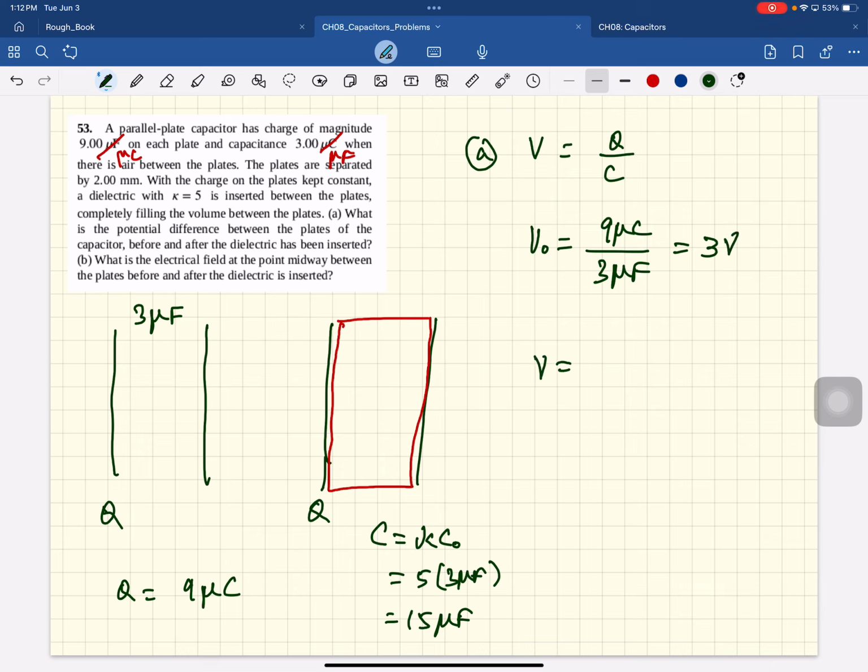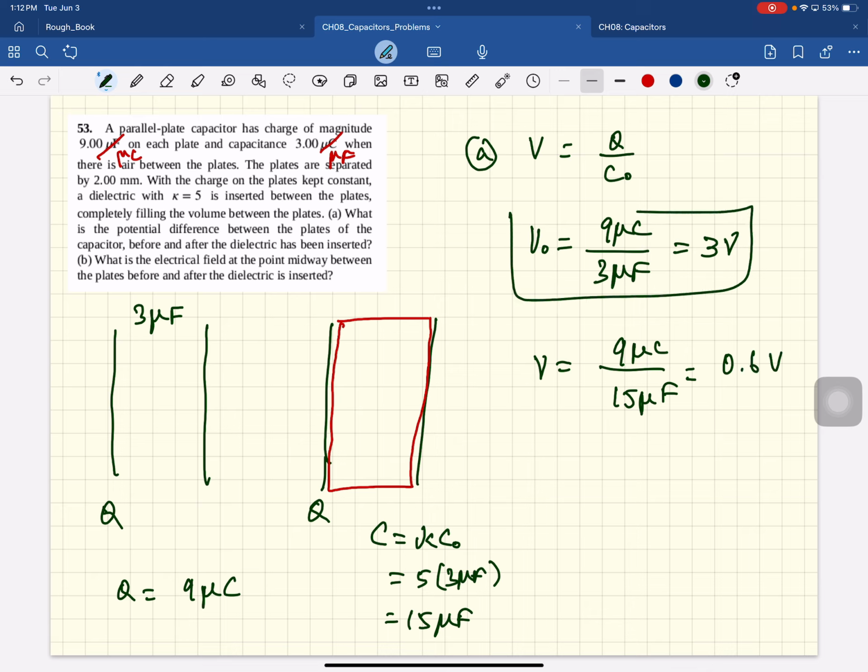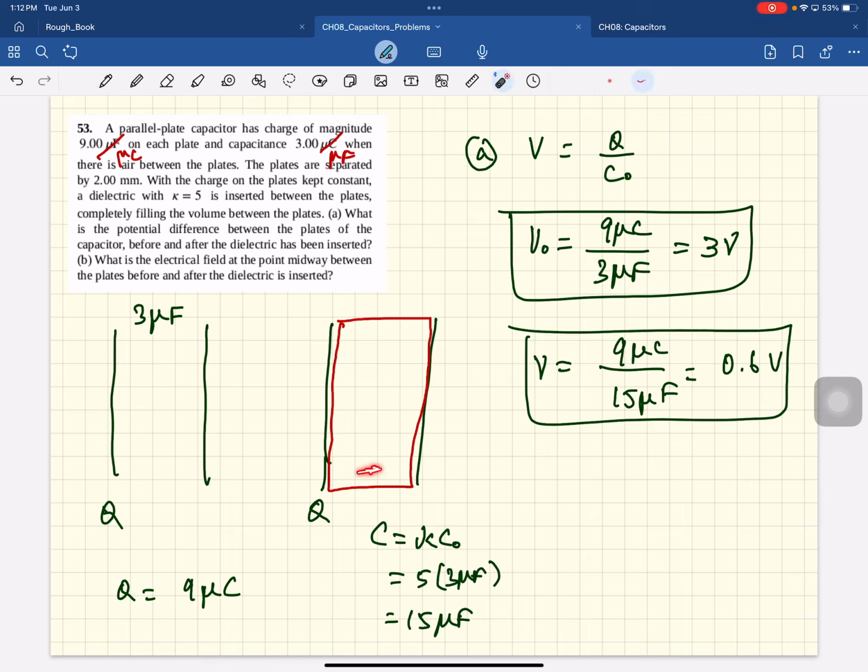And V, with C being 15 microfarad, is Q over C, and that's 3/5. So the voltage has reduced to 0.6 volts.